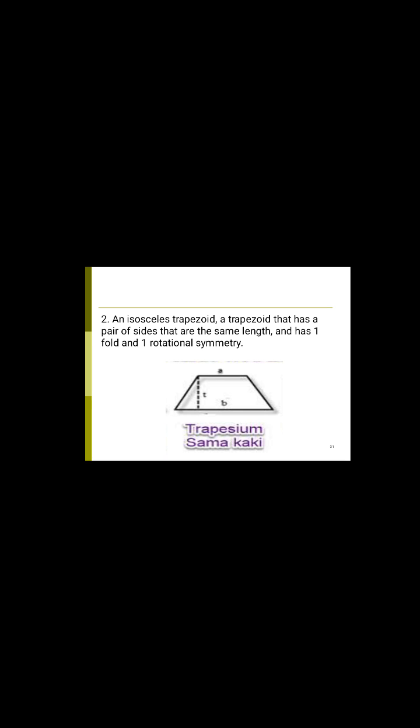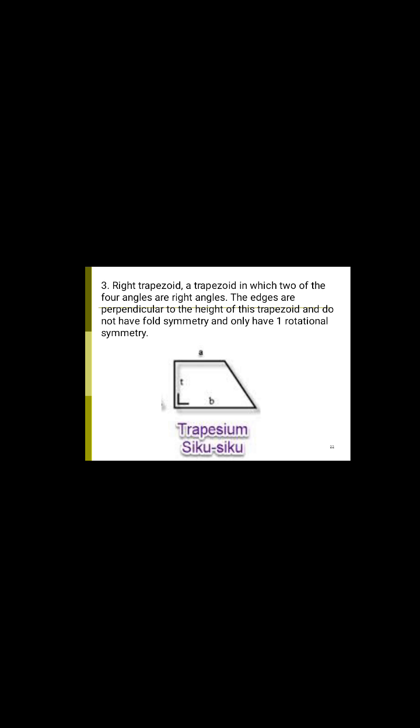A trapezoid that has a pair of sides that are the same length and has one fold and one rotational symmetry. And the third, right trapezoid. A trapezoid in which two of the four angles are right angles. The edges are perpendicular to the height of this trapezoid, and it does not have fold symmetry and only has one rotational symmetry.